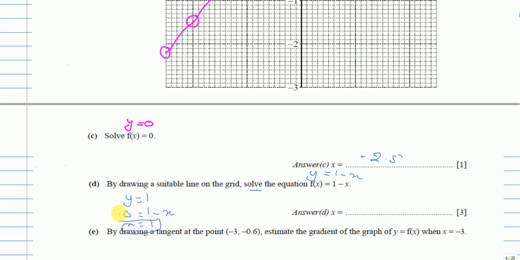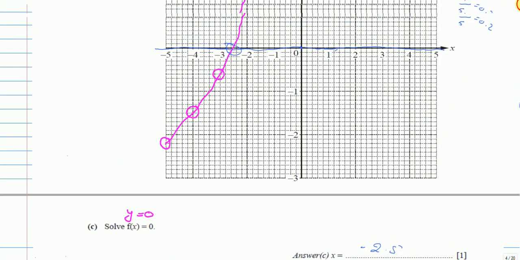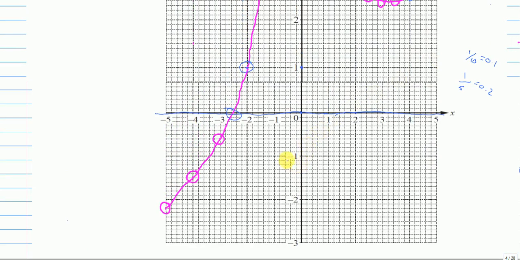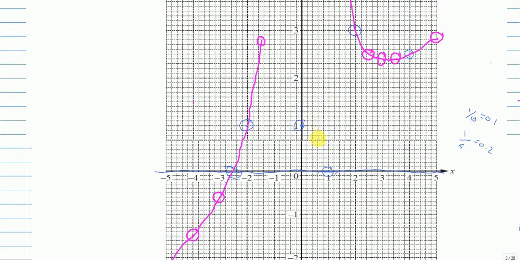Okay, this is my second point. When y is 0, x is equal to 1. Okay, so if I join these two and continue it, I will get another line. As you can see, I do not need to go this side, but I will still go this side, even though it's not as useful.